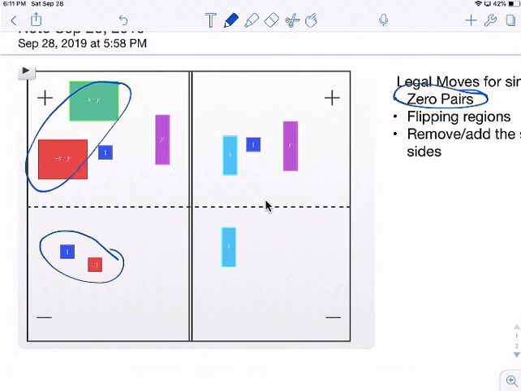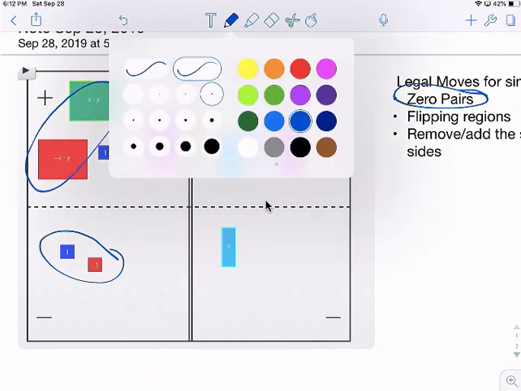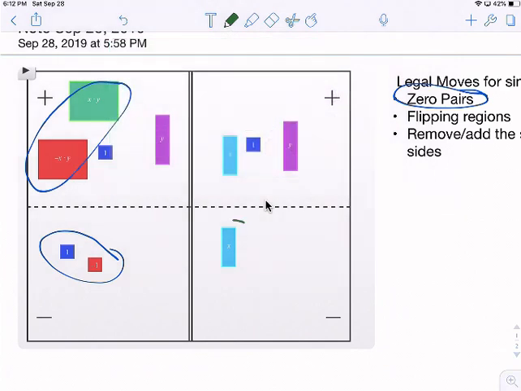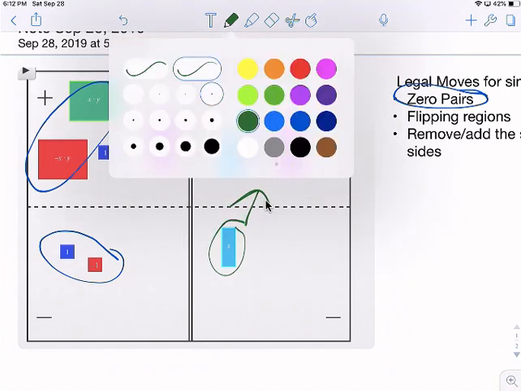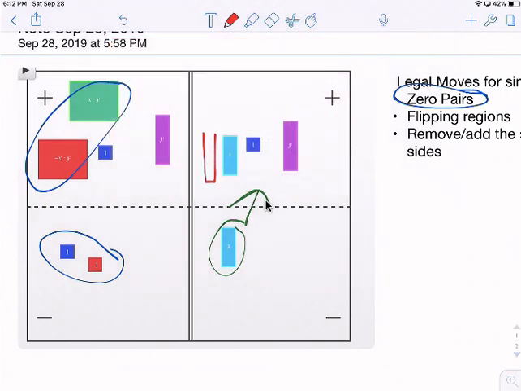We can also do what is called flipping regions. The one thing that we have to remember when we are flipping regions is if we take this tile and we move it up, we have to change the value of that tile. So that positive x, when it's in the opposite region, when we put it up into the positive region, it becomes the opposite of whatever that tile was.